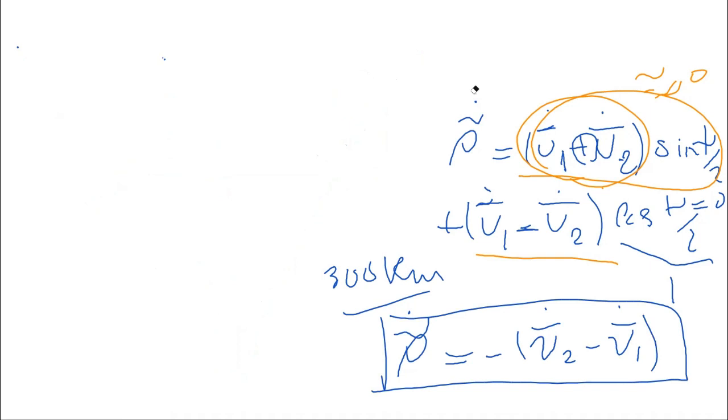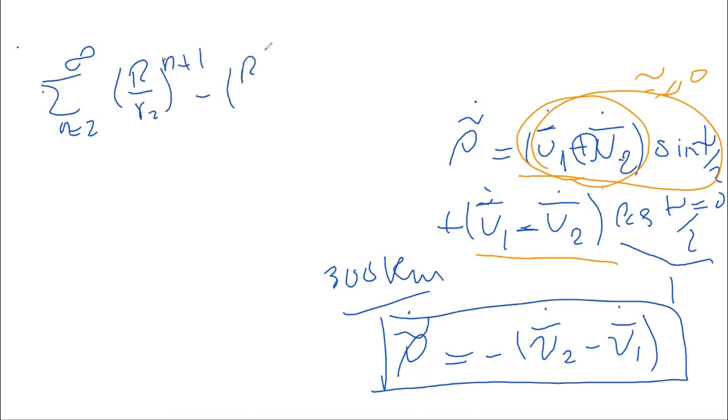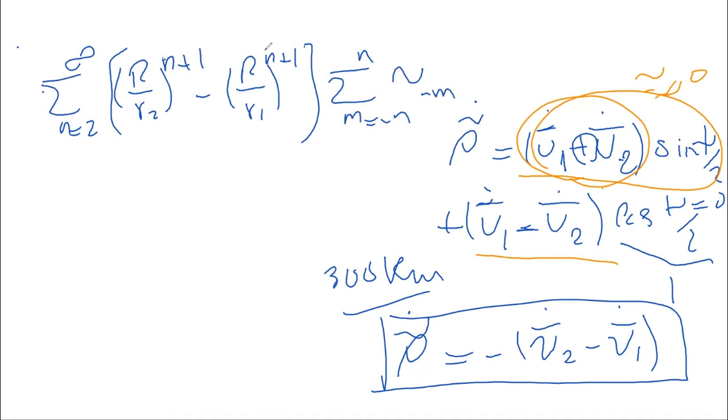Summation for n from 2 to infinity, R over the second satellite's radius minus R over the first satellite's radius, multiplied by the summation for m from minus n to n, V n m.